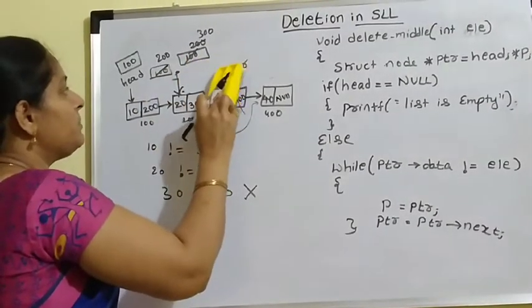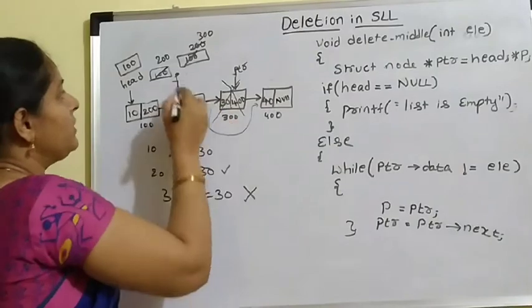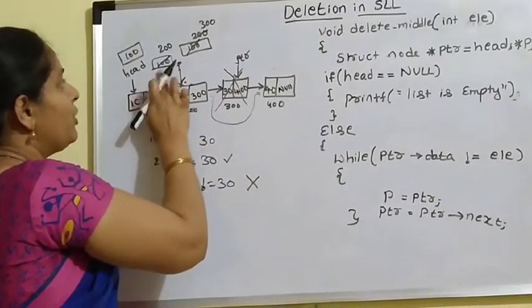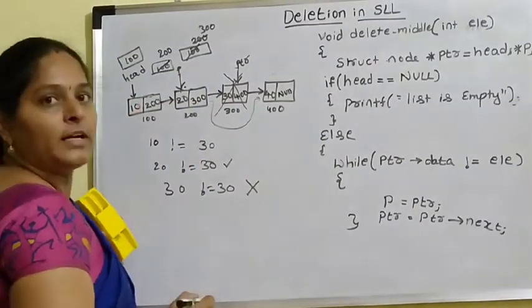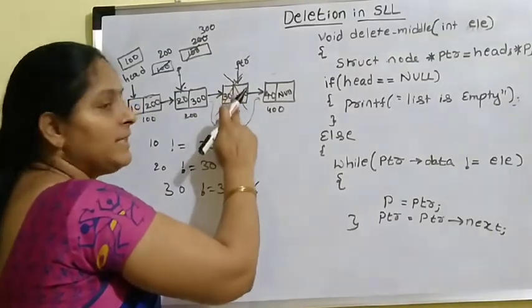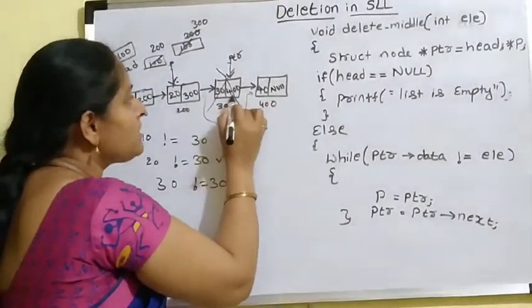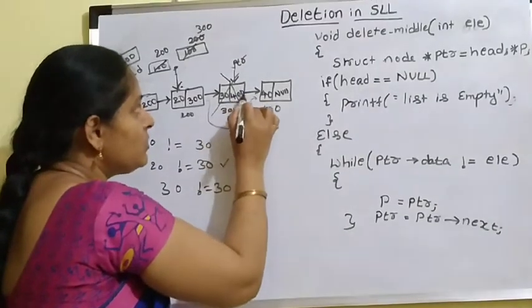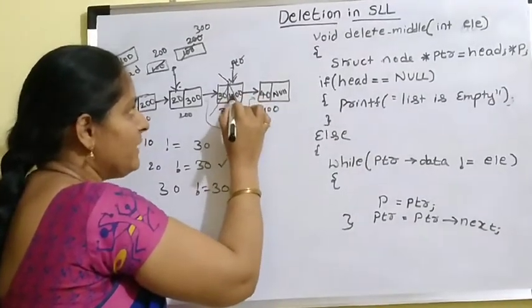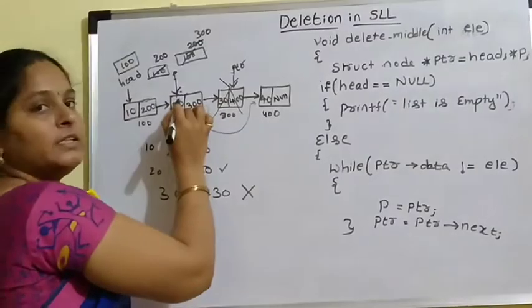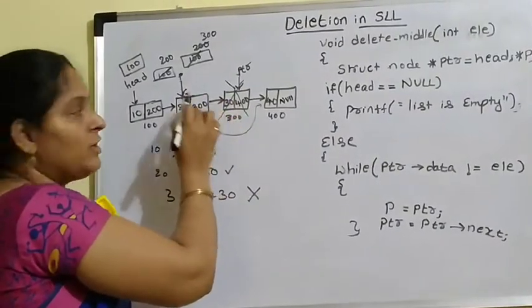After reaching the position, PTR points to 300 and P points to 200. Once you reach the deleting node position, we need to copy whatever address is in the PTR next field into the previous node's next field. What is the previous node?